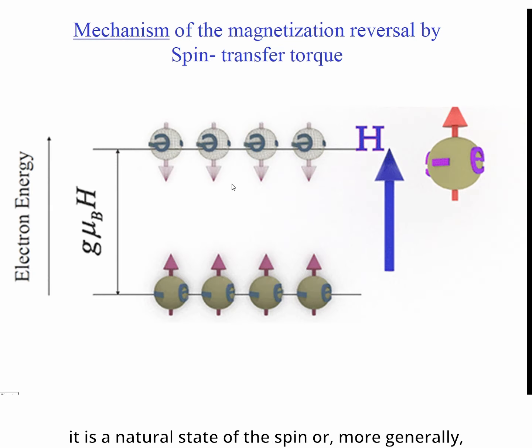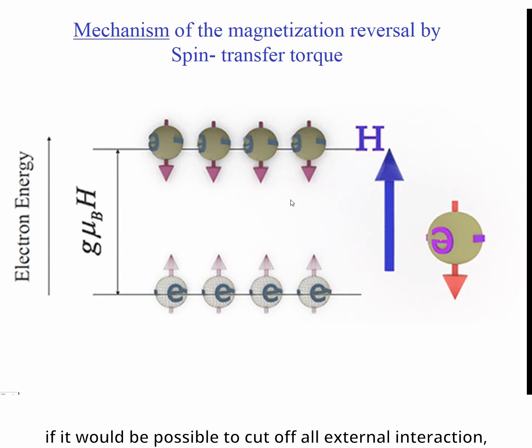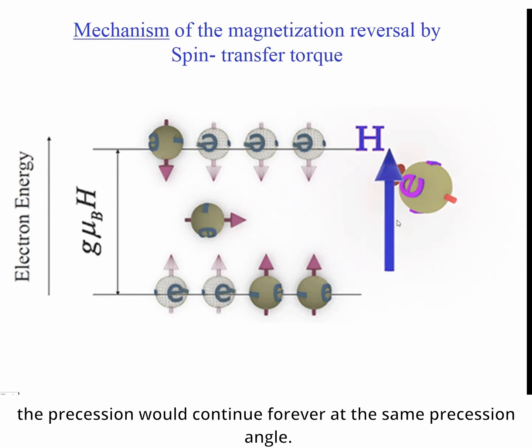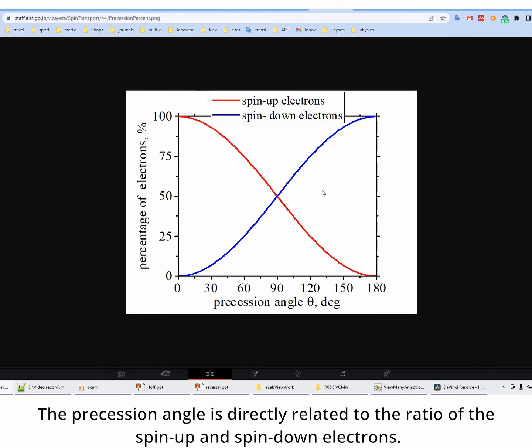It's a natural state of the spin, or more generally, a state of broken time inverse symmetry. If it were possible to cut off all external interaction, the precession would continue forever at the same precession angle. The precession angle is directly related to the ratio of spin up and spin down electrons.